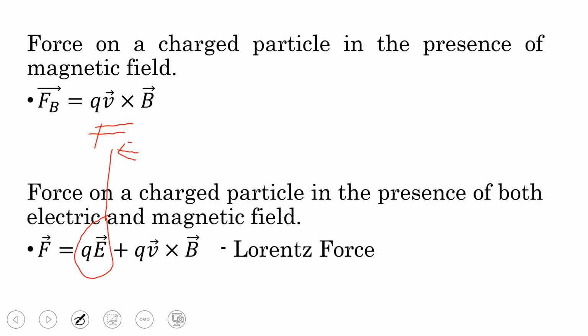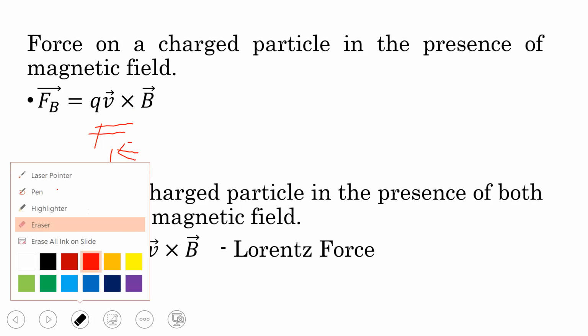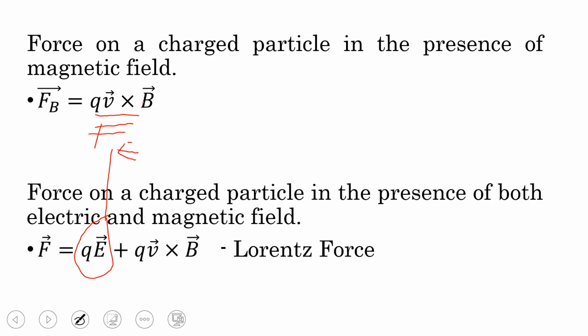So when we add the electric force vector, so this is a vector, not just F, to the magnetic force vector, then we have a total force, which is nicknamed Lorentz force.